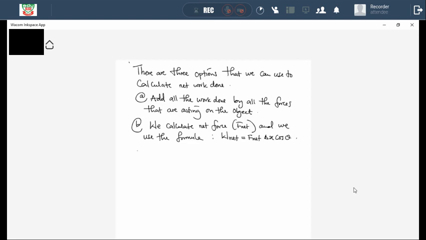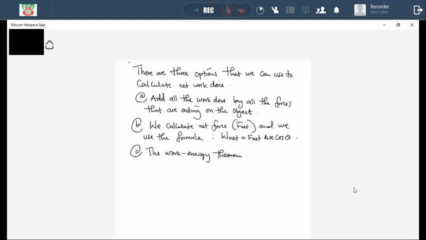Then option number 3, which is option number C, which is actually the theme of this presentation, lesson number 5. It is called the work energy theorem. So the work energy theorem is the third option that we can use to calculate net work done.